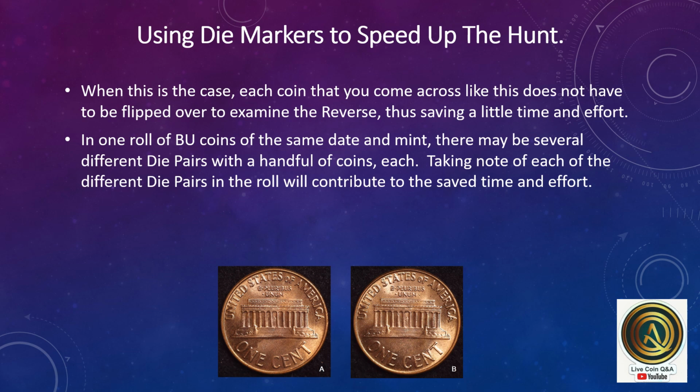In one roll of BU coins of the same date and mint, there may be several different die pairs with a handful of coins each. Taking note of each of the different die pairs in the roll will contribute to the saved time and effort.